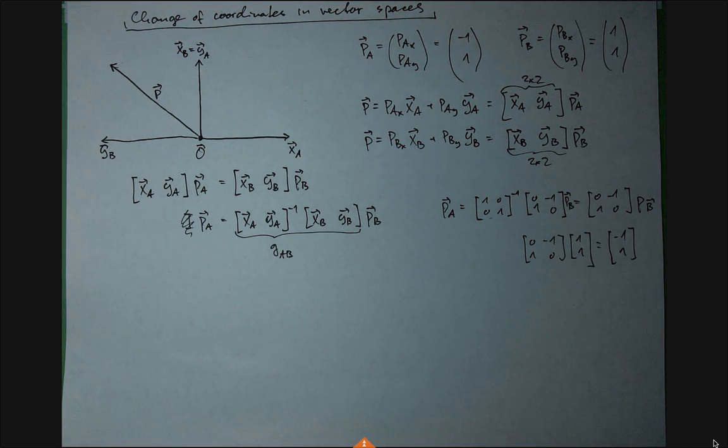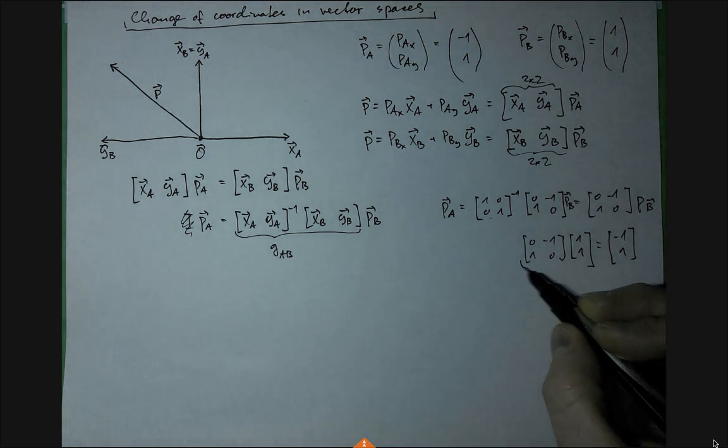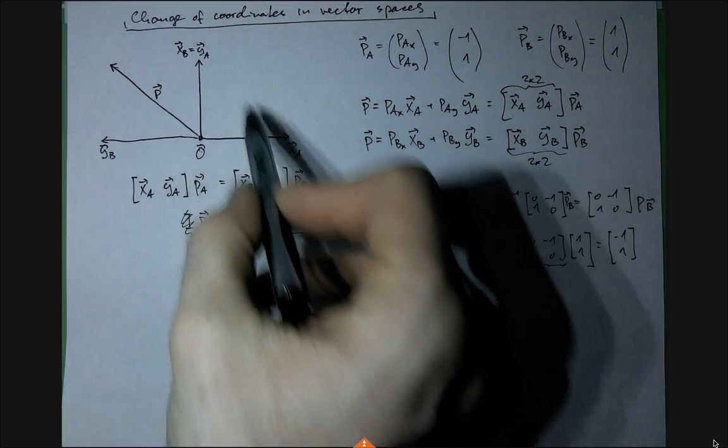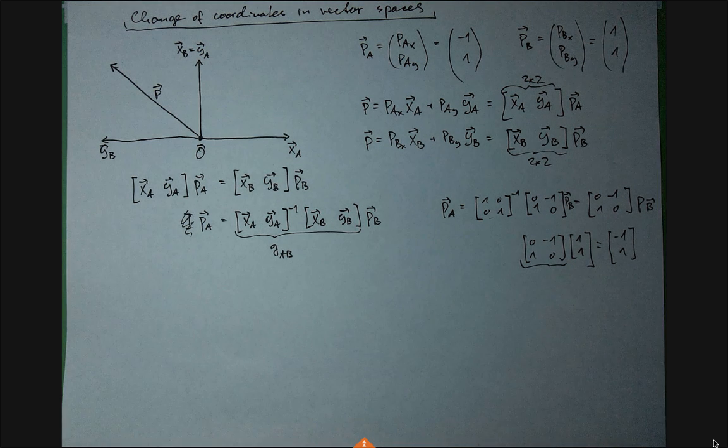Okay. By the way, what is this matrix? Can you name it? Don't name it just B or C. Tell me what it does. You can guess it from this picture. Yes, it's a rotation.